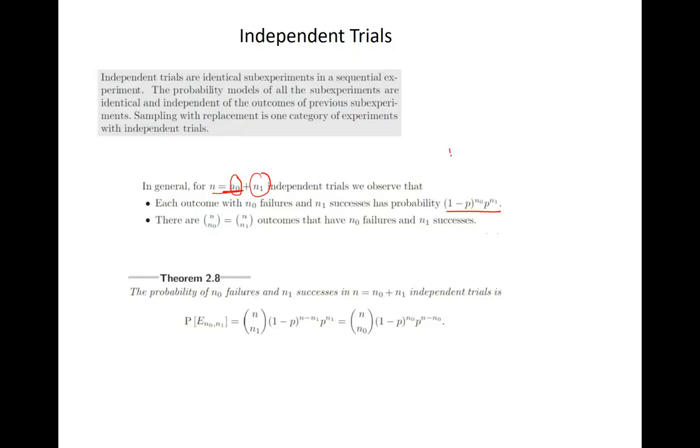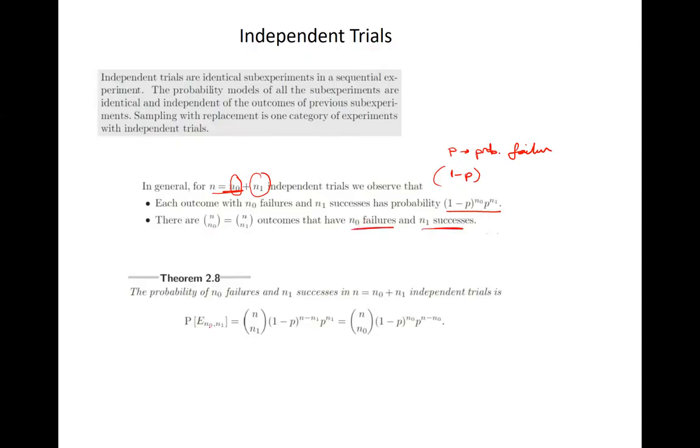Here, p is the probability of success of one trial, and so 1 minus p is the failure of one trial. So there are n choose n0 outcomes that have n0 failures and n1 successes.